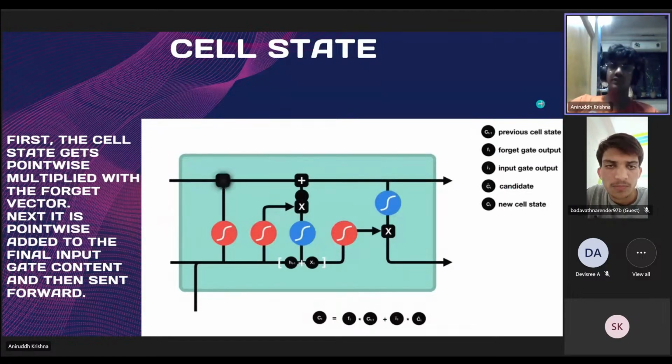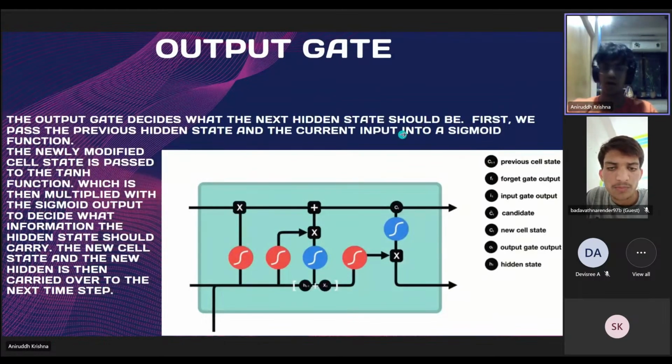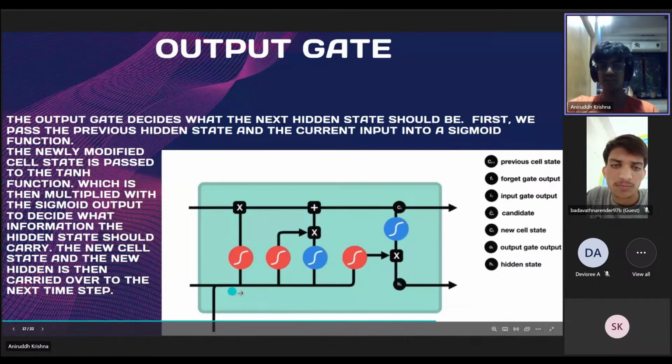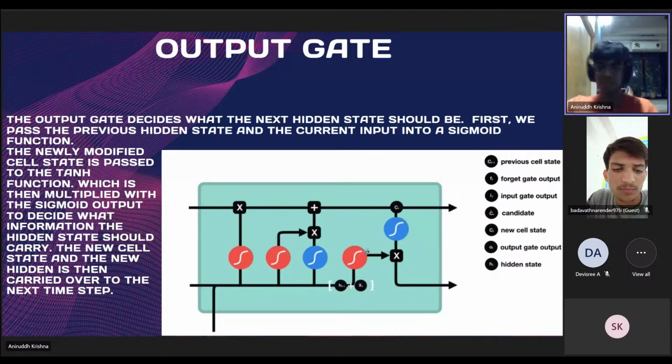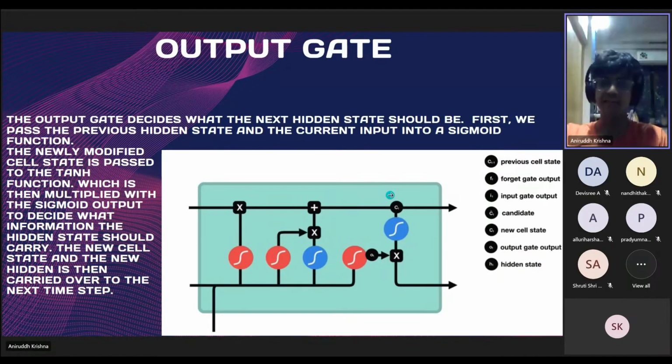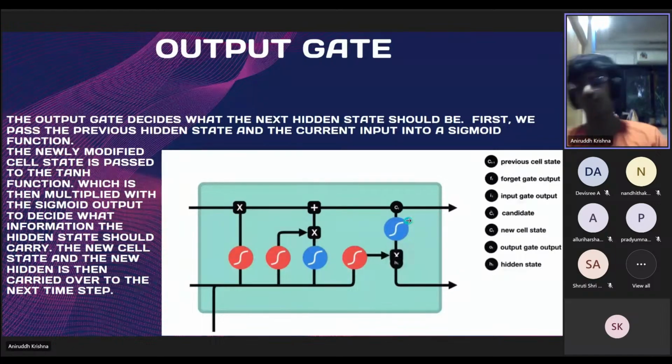So after this, we'll come to the output gate. The output gate is basically the last part of the LSTM where again, the input and the previous hidden state go through a sigmoid function, which has the same purpose as it had earlier. And the cell state passes to a tanh function, which again has the same function it had earlier, to either extract or add data.